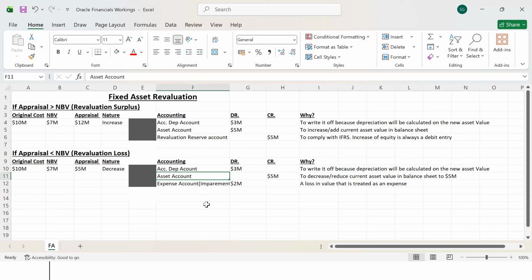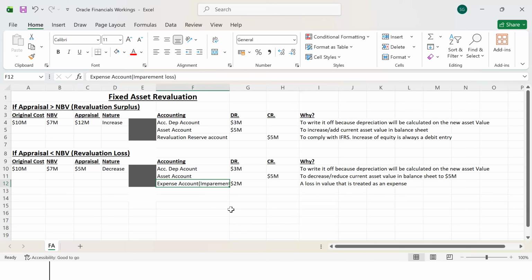Then the asset account will be credited with the depreciation amount that has already been done, and the loss on revaluation. The reason for crediting the asset account is to reduce the current asset value in the balance sheet to 5 million.